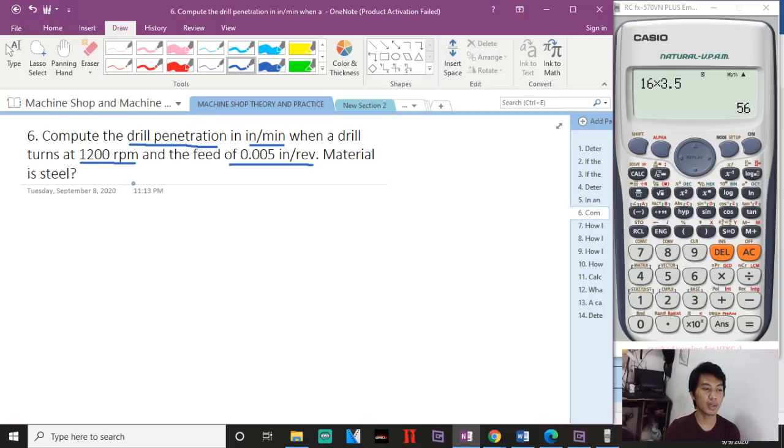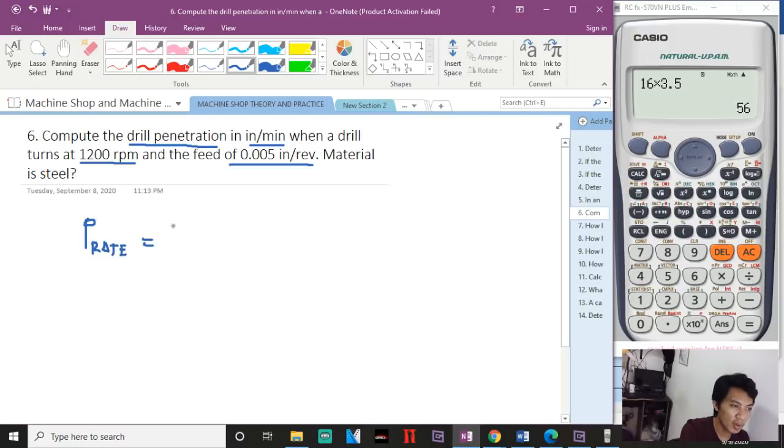So, ang gagawin mo is the drill penetration. So, the penetration rate is equal to, ano ba yung makakancel mo? Tignan mo yung unit si RPM, so revolutions per minute. Tapos yung isa, ilista mo yan, yung unit 1, unit 2. The unit 2 is inch per rev.